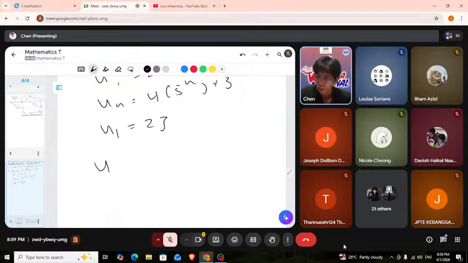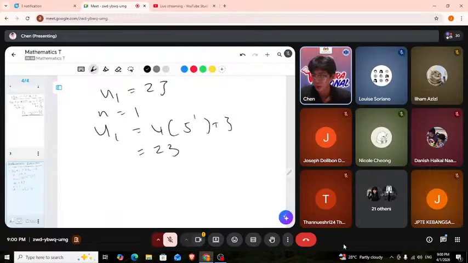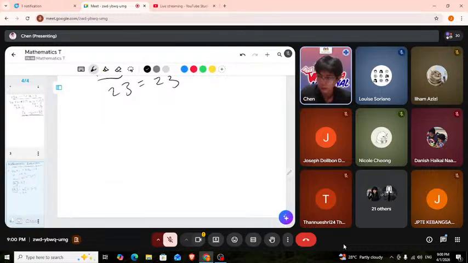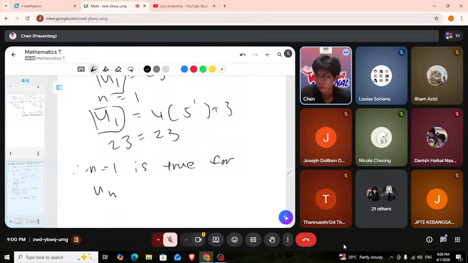So if n is equal to 1, then that will mean that this is equal to 4, 5 to the power of 1, plus 3, then that will be 23. So as you can see, this and this are the same, 23, 23. So you can say that, this is for the marker format, n is equal to 1 is true for un equals 4(5^n) + 3.